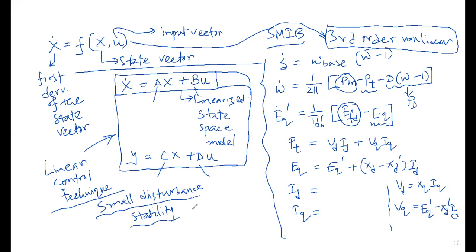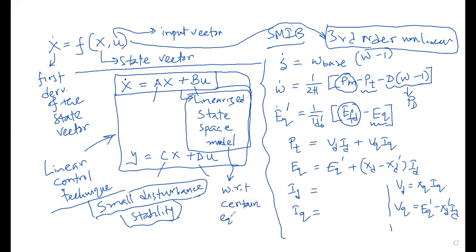Of course, when we talk about a small disturbance model, we have to derive the model with respect to a certain operating point. So the small disturbance model or the linearized model has to be derived with respect to a certain equilibrium point or operating point.